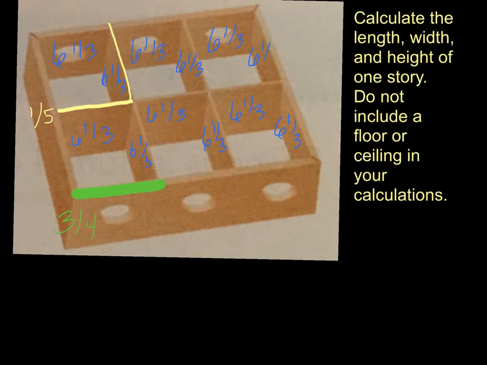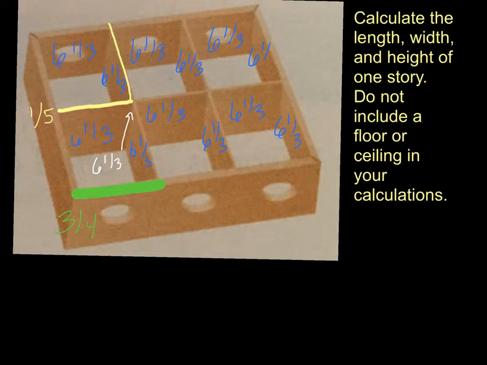Okay, so what I've done here now is I blew it up a little bit and I labeled everything that I knew. And we knew that the inside of each compartment measured 6 1/3 inches by 6 1/3 inches, also by 6 1/3 inches high. So what we could do is just draw a little arrow going up and write 6 1/3 inches there as well.